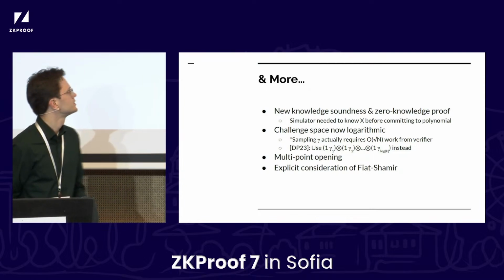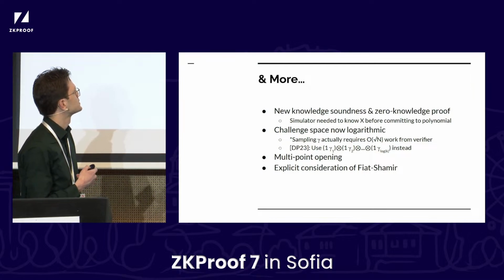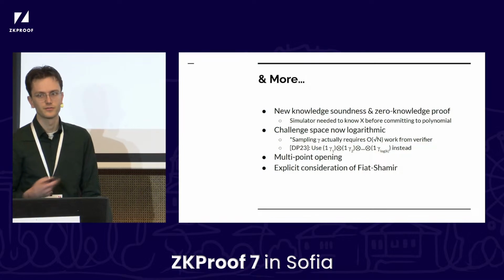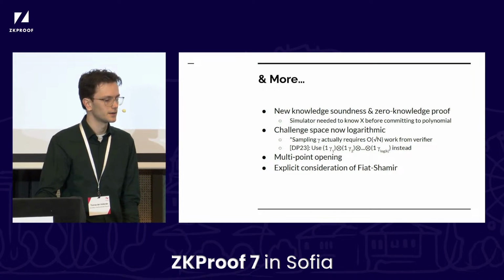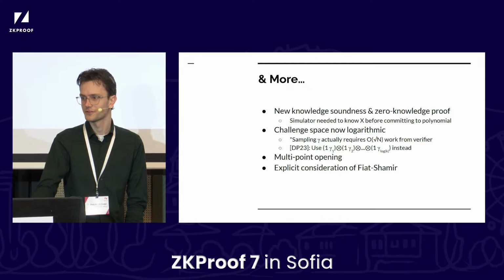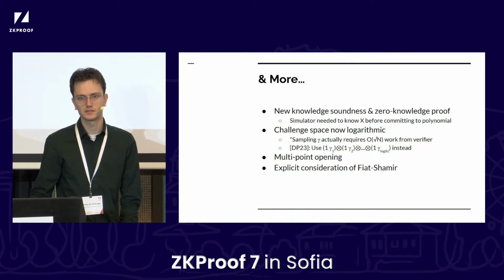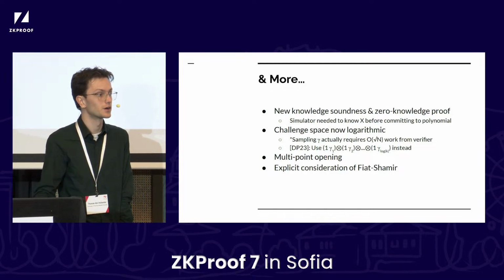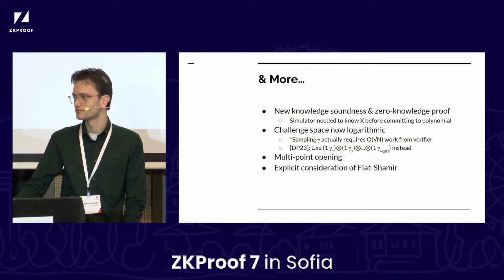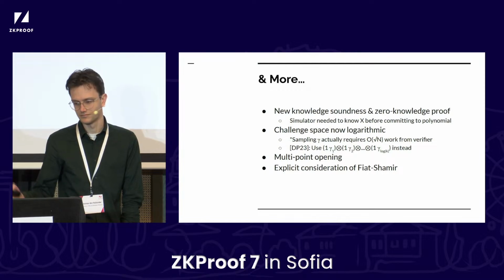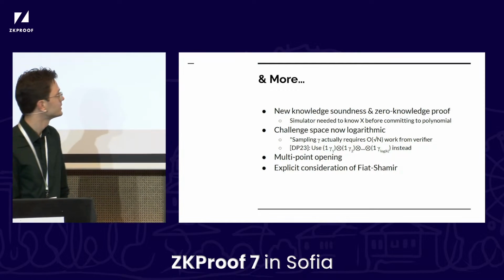Another issue is that you might have seen that I had a star next to the logarithmic verifier time. That's because the verifier actually needed to produce this random vector gamma, but this vector gamma is of size square root of n, so that means that the verifier is not logarithmic in a simple way.